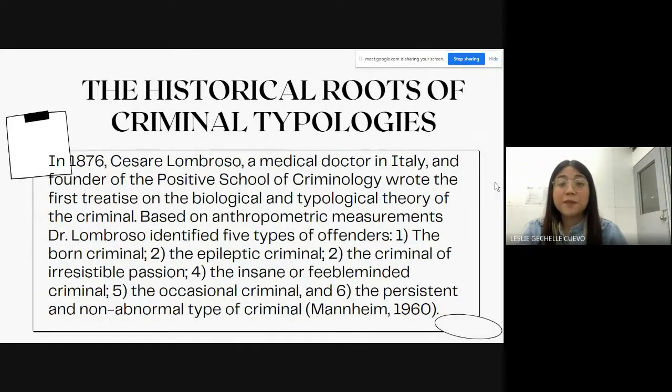So yan yung mga types of criminals according to Dr. Cesar Lombroso. Dr. Cesar Lombroso is the father of modern criminology. Kaya modern criminology kasi gumamit siya ng scientific method in studying crimes and criminals.